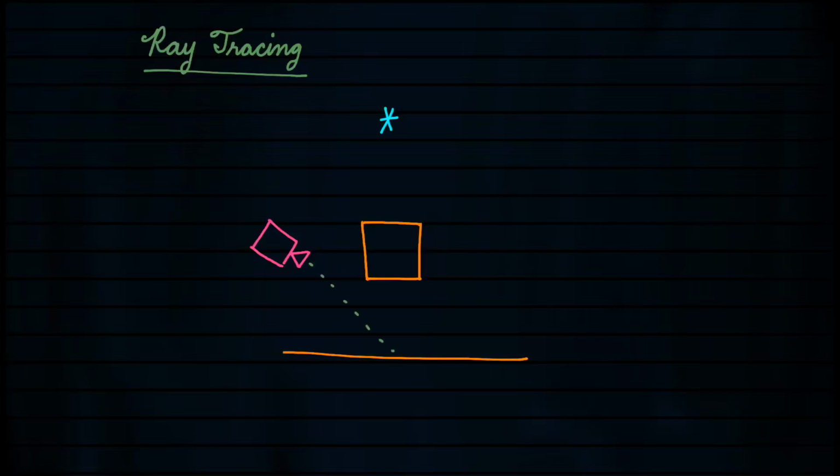perhaps there's a light out here that will light up the back wall, and we can shoot a shadow ray to each of the light sources and determine if something is occluding it, in which case there's an occlusion here but there's no occlusion over here.